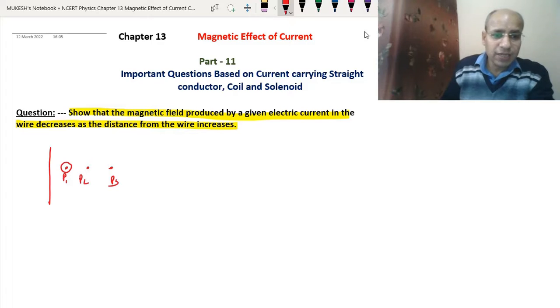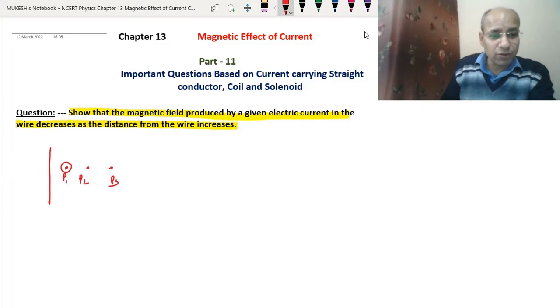So if we keep the compass needle at P1, then P2, then P3, the deflection will be maximum at P1 and minimum at P3, and at P2 it will be less than P1 but more than P3. So by keeping a compass needle at different points and checking the amount of deflection, we can see that the magnetic field is decreasing.